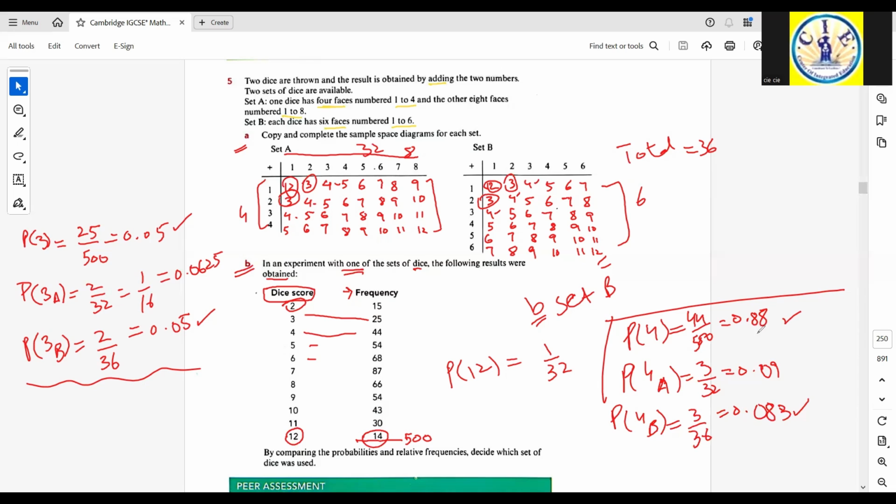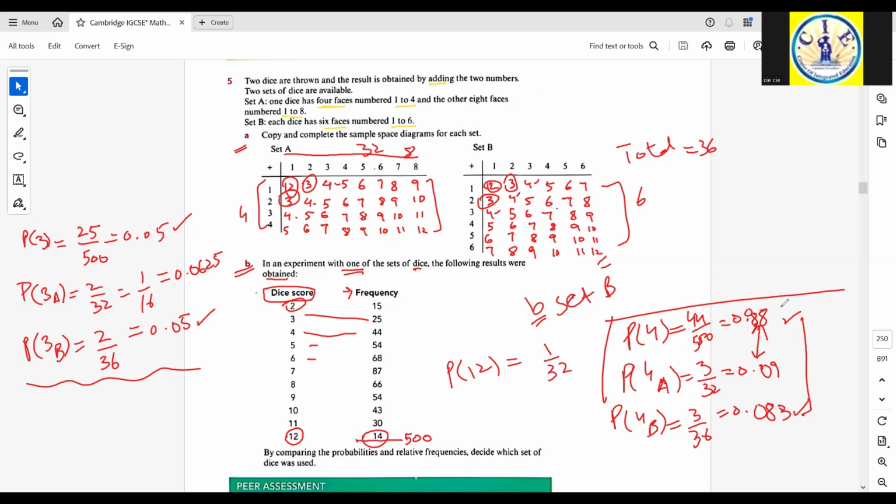But if you take the difference, the difference between 0.088 and 0.09 is minor, about 0.002, while the difference for set B is obviously more than the previous difference.